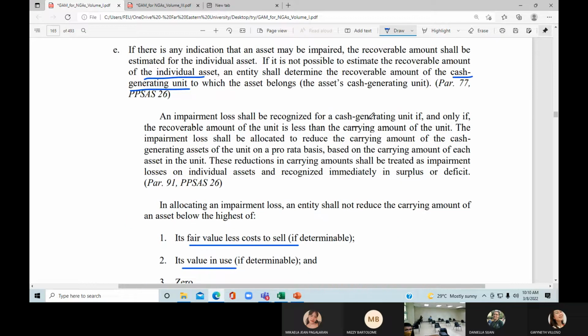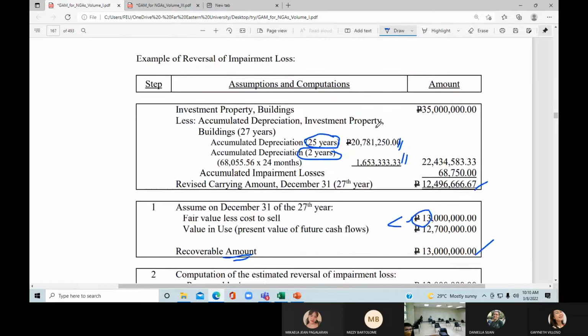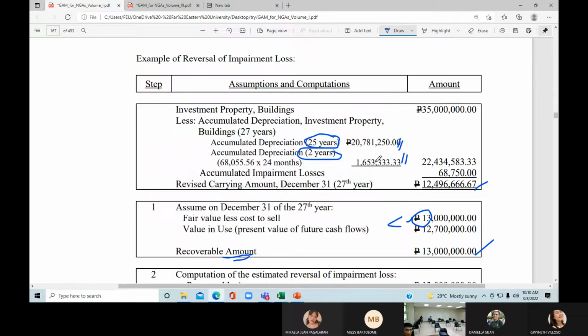14,150,000. Tingnan natin dito, 14,150,000 ba? Ay, ibang given ba to? Ay, oo. 14,150,000 minus 1,653,333.